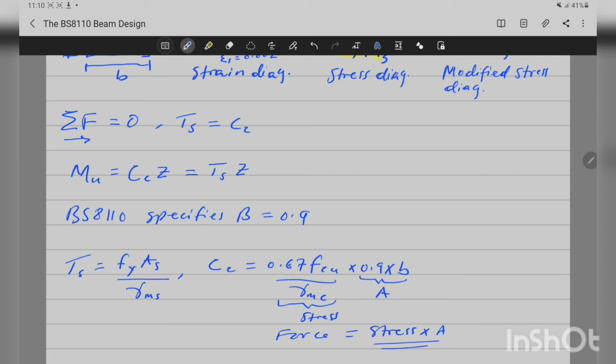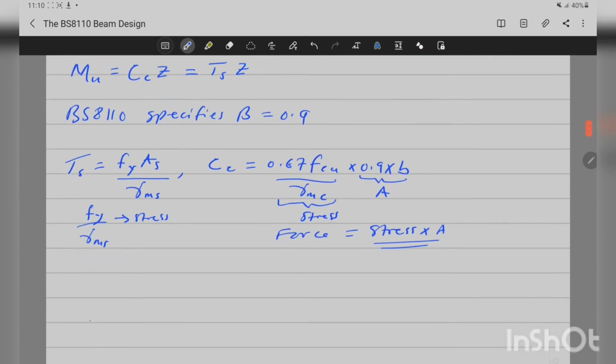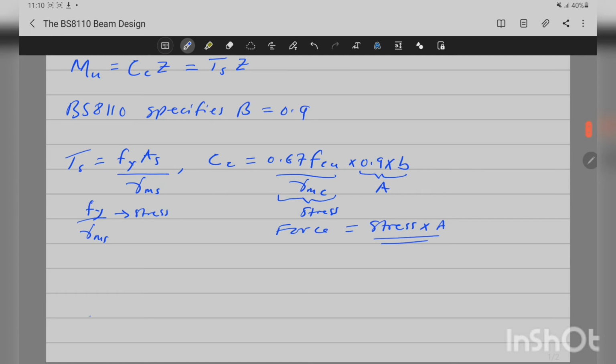Equally here for steel, this Fy over material factor of safety is also the stress, times the area of steel, so it gives you the force. What we are doing here is multiplying stress times area, which gives us the force. So this is how we come up with this.